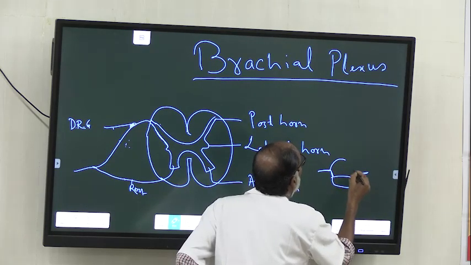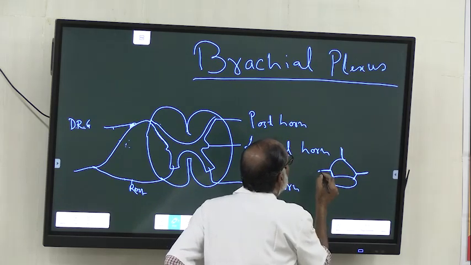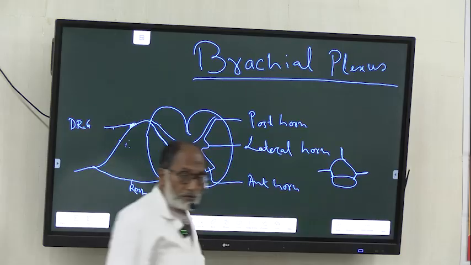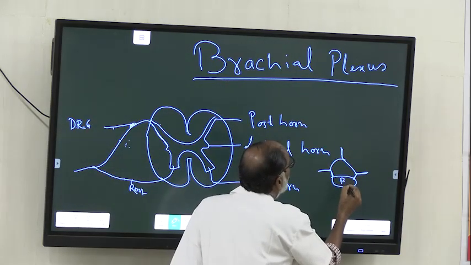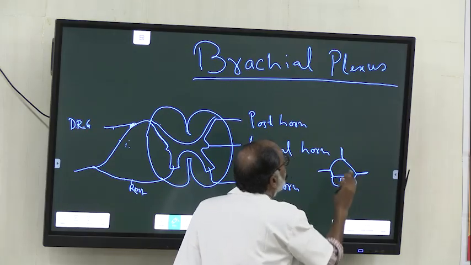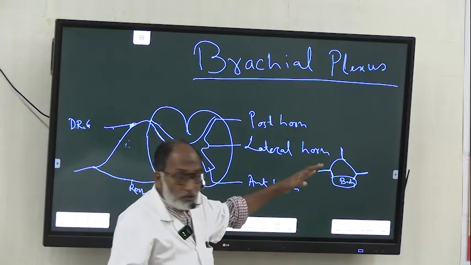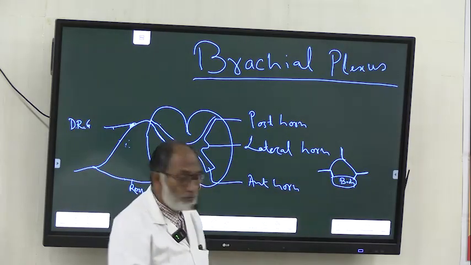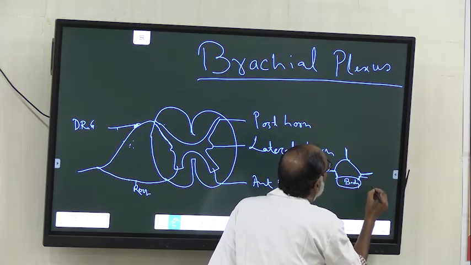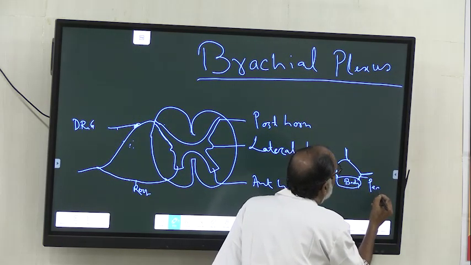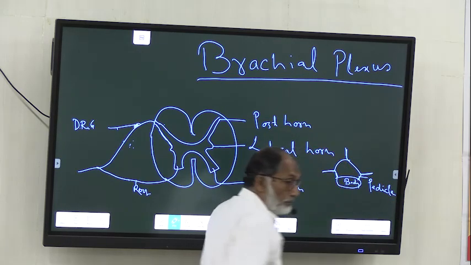It is lamina and it is spine. This is the body. From here to this part is called neural arch. Neural arch is attached to the body by pedicle. This is called pedicle.